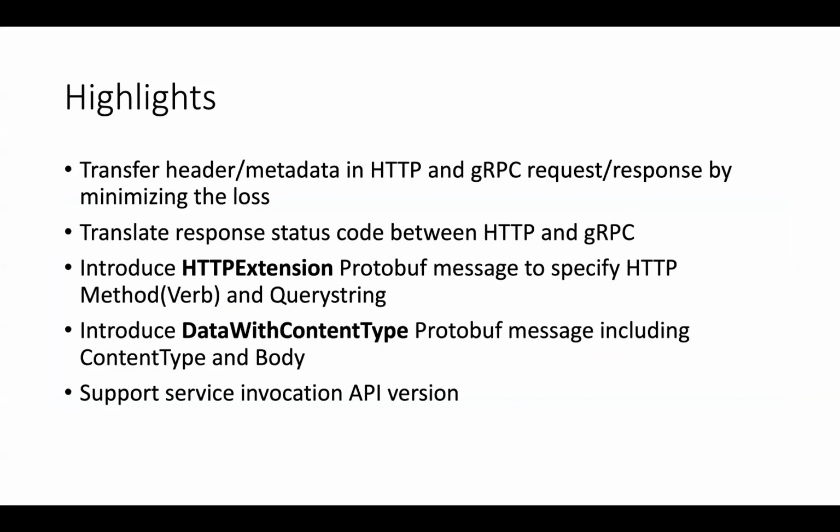In this new 0.7, Dapr can transfer headers and metadata between two different protocols, from HTTP to gRPC or gRPC to HTTP, by minimizing the loss. For example, if the user tries to pass binary metadata through the gRPC request, we do not transfer the binary data to the HTTP data.